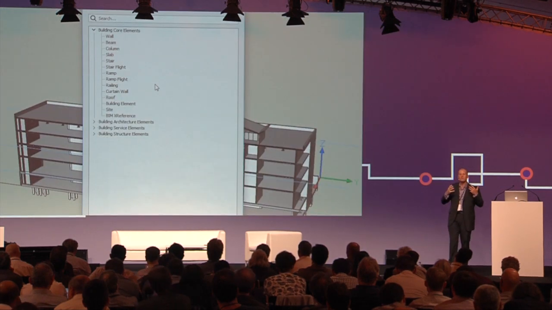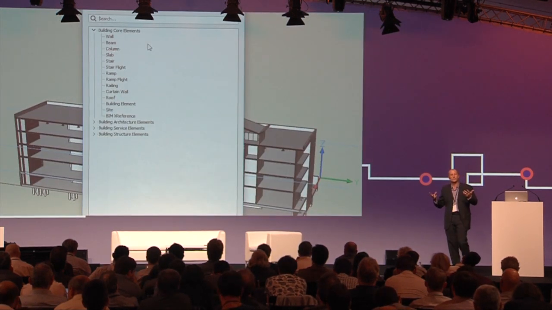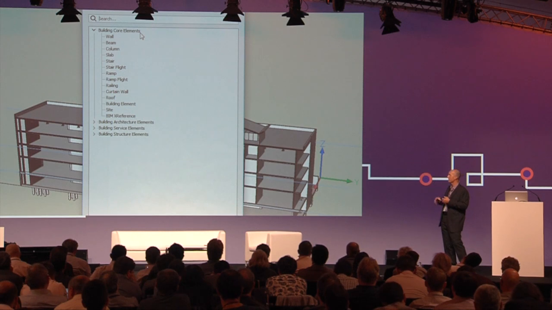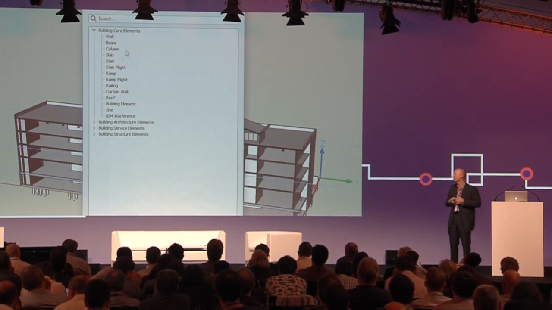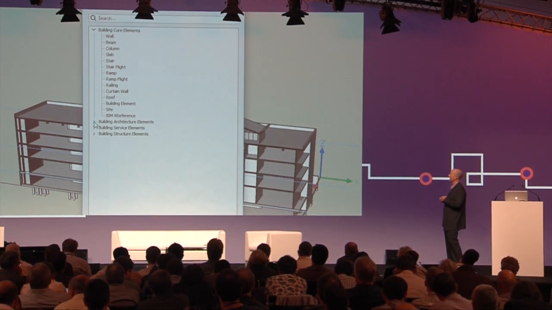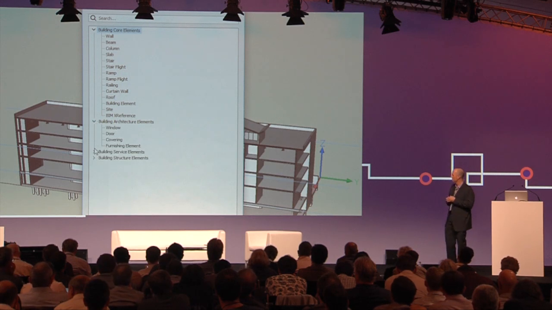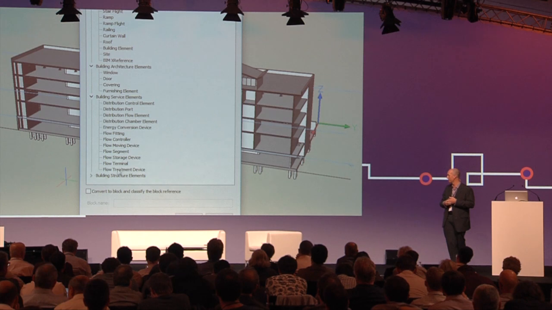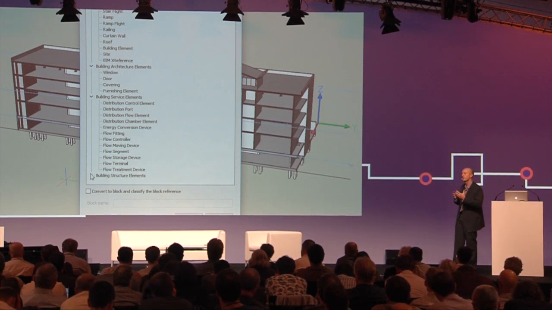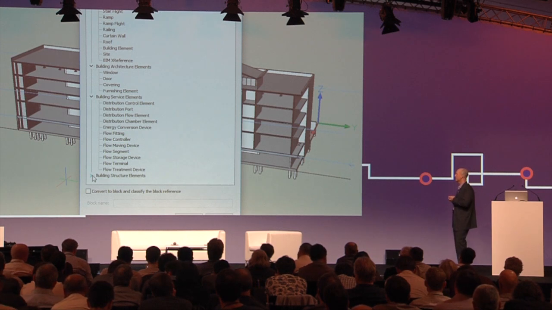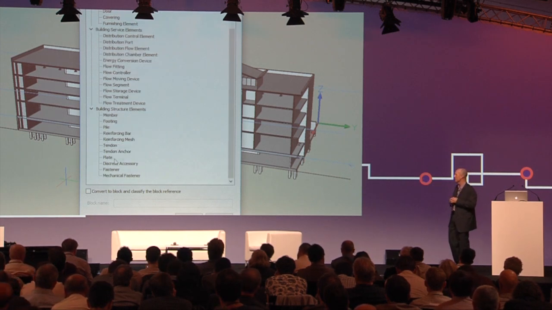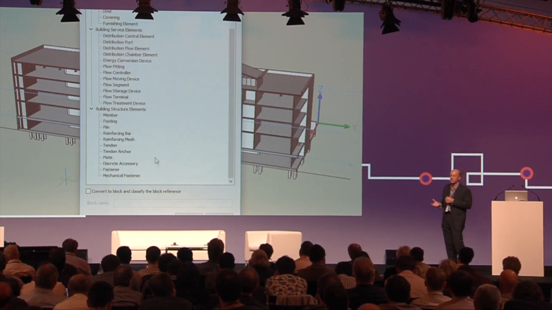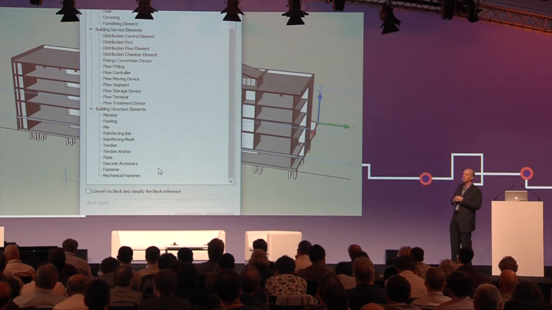There used to be one main category for classifications in terms of core elements, but now there are 3 new ones that we can do: architecture elements, service elements, which is where you see the flow controller, flow fitting, terminal, a lot of the classifications that will come with the mechanical design, and then building structure elements, which we saw Jacob specify some things under member earlier, but we have a number of other classification categories.